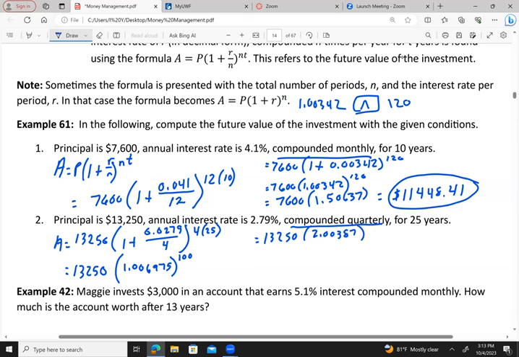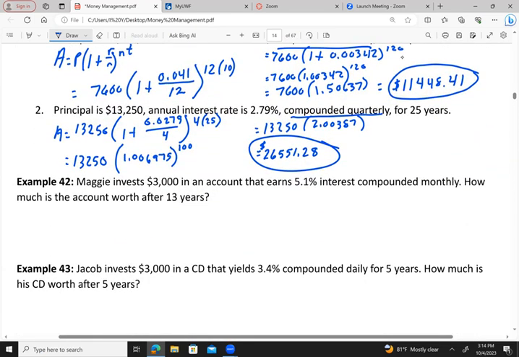We'll stop there. So 13,250 times 2.00387. Then we have a final value of $26,551.28. In the 25 years our money doubled.